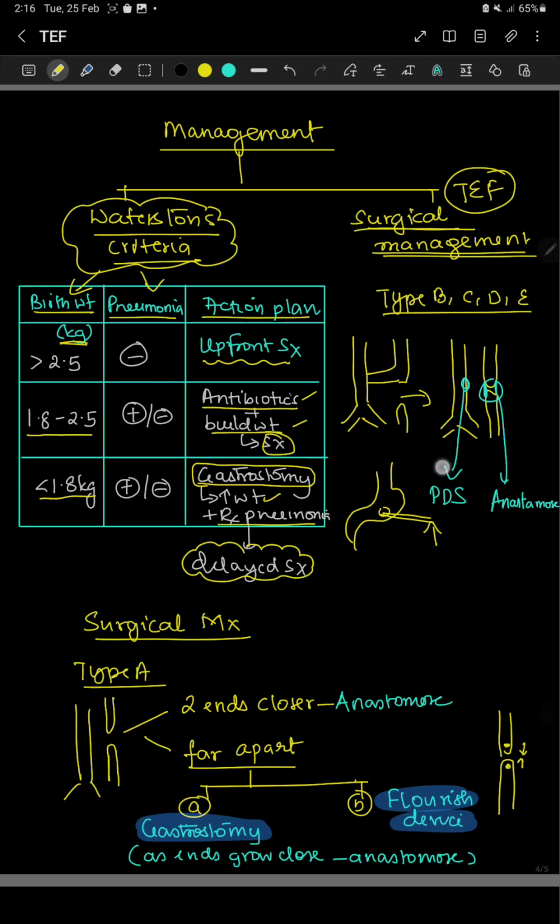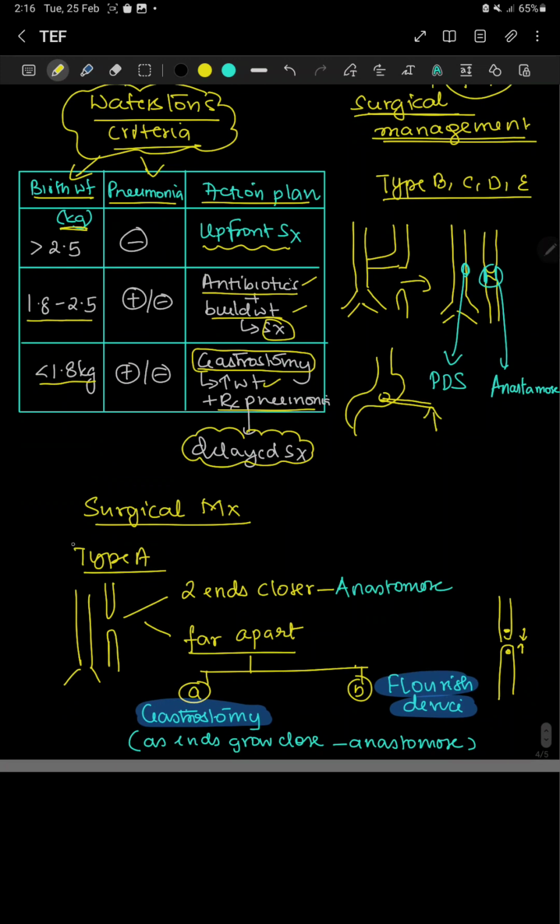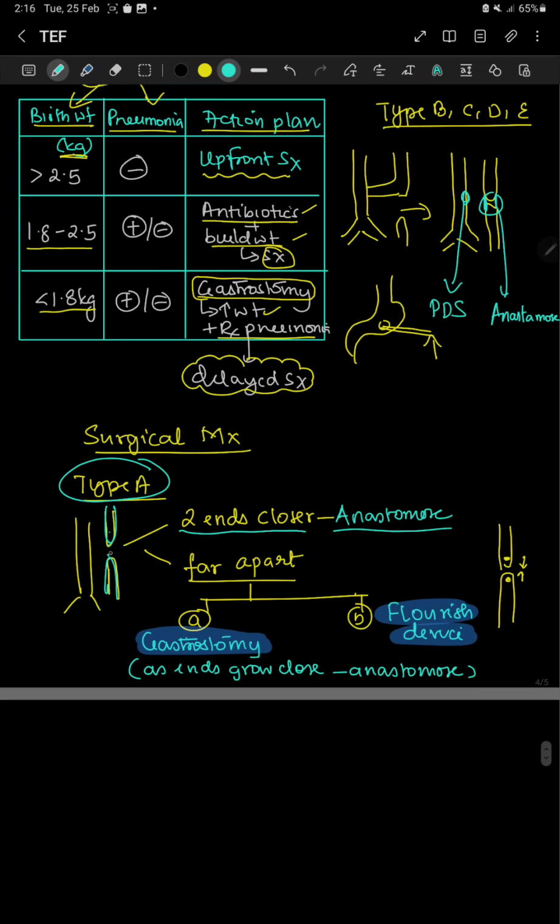Surgical management can be divided based on what type of TEF it is. If it is a type A TEF, that is where there is proximal and distal esophageal atresia, then based on the length of the segment, if the two ends are closer, then you start to anastomose them because they are closer and it's easy to anastomose.